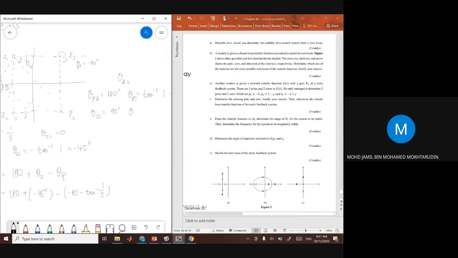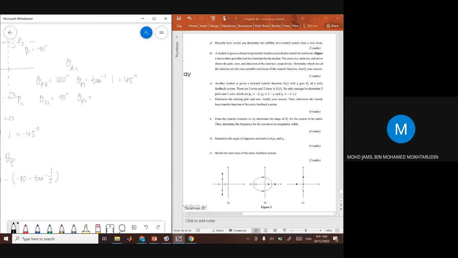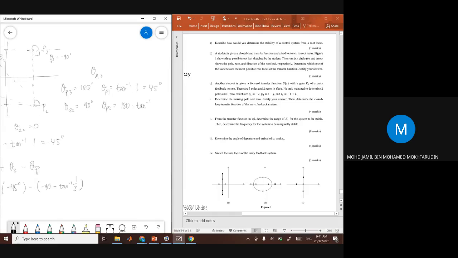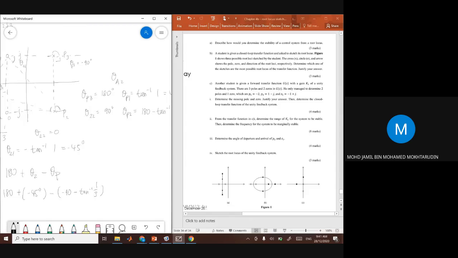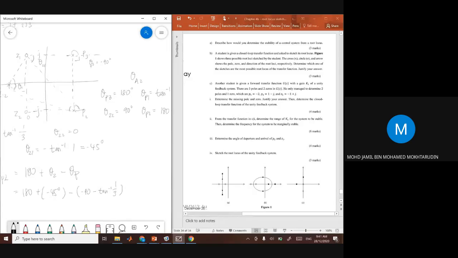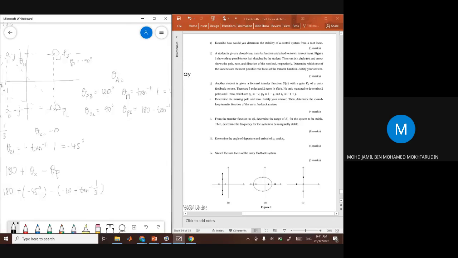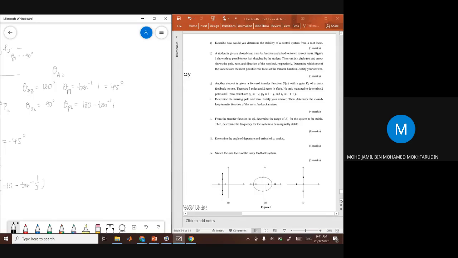And theta P2 measured from here. Okay, so theta P2 is 180 minus tangent inverse minus this angle. So that angle is 2 over 3... 2 over 2, 45 degrees also. 135 degrees.